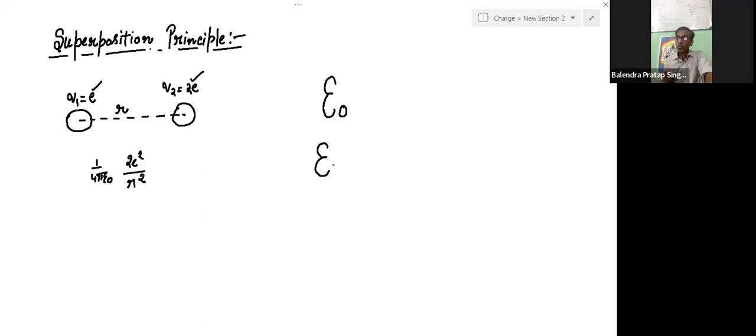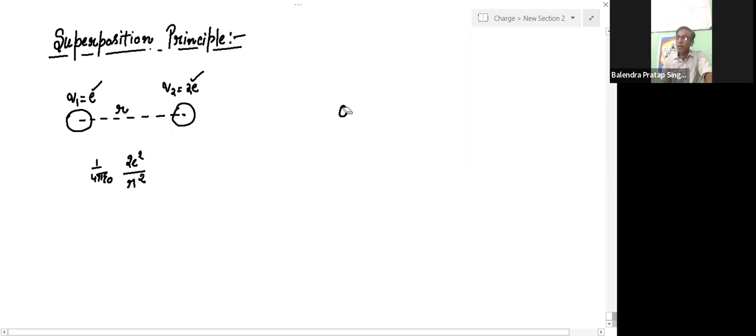I think one more question. If I put a charge, capital Q, okay, and it's a point charge, and if I want to calculate the electric field at a point which is somewhere r distance from here, so that I bring a small test charge q here.